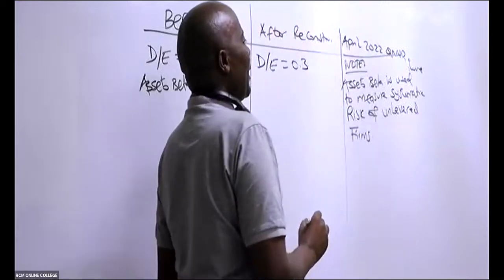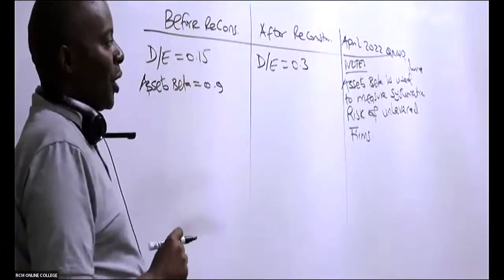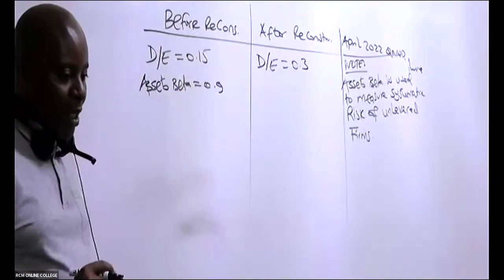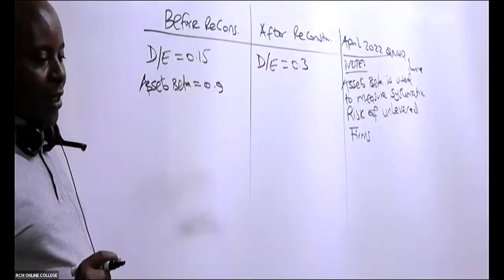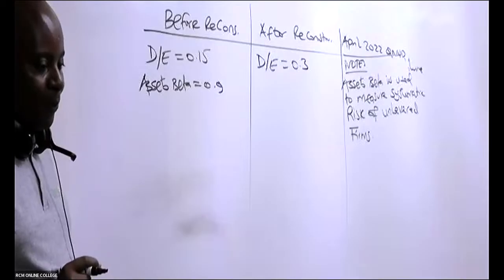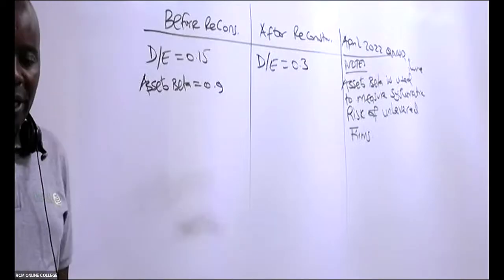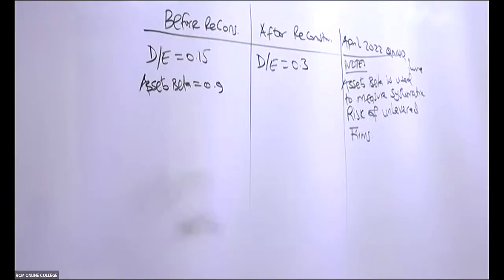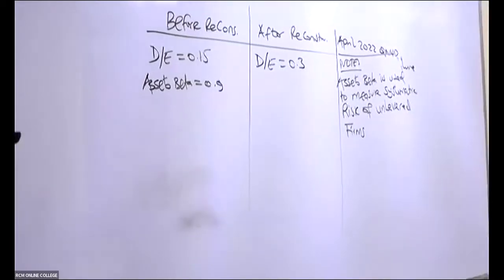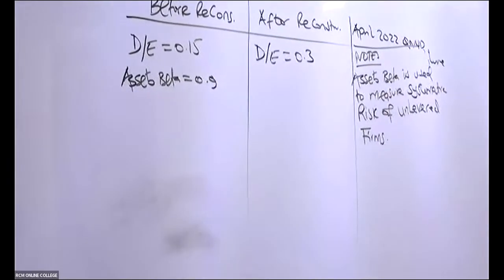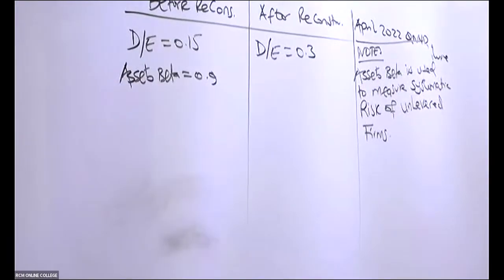So note, asset beta is used to measure systematic risk of unlevered organizations.